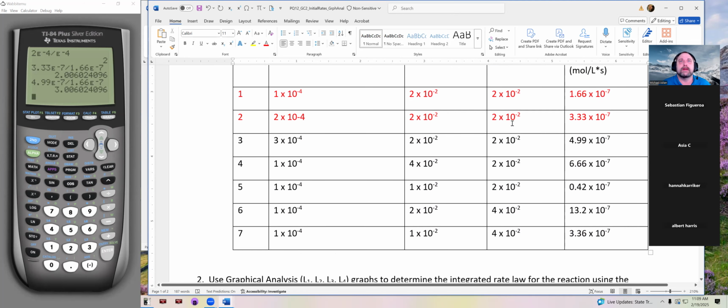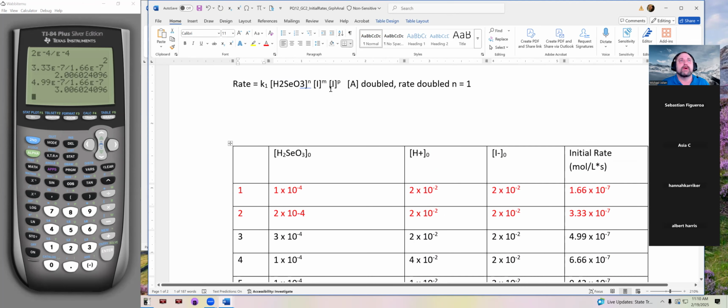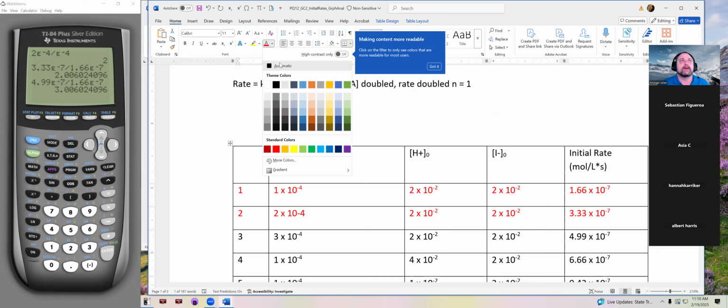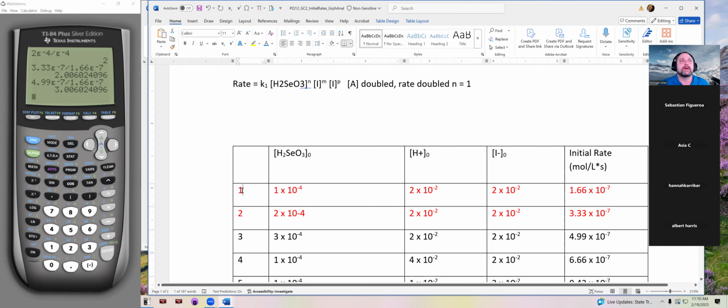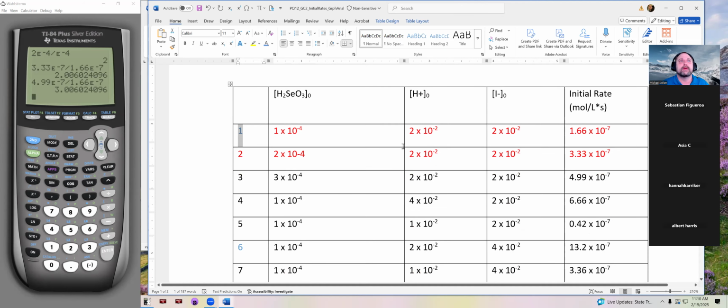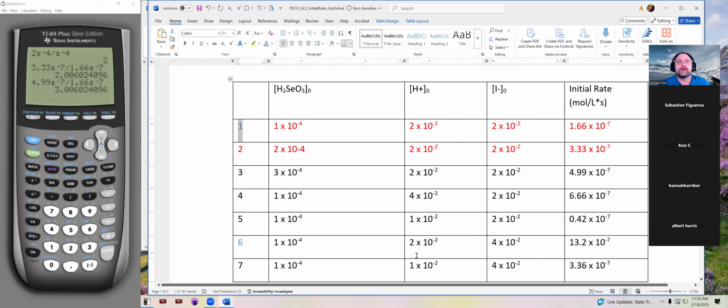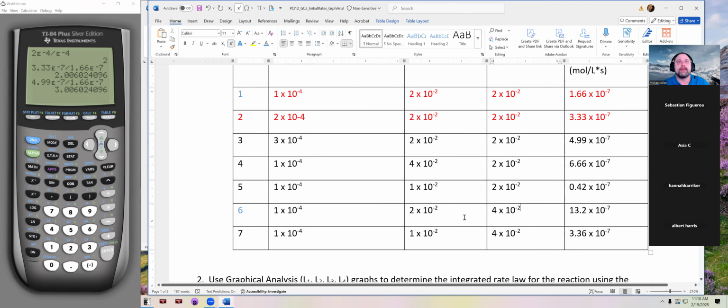And I'm looking for nothing else changing. So if I have this at 4, I need this at 2, this at 1. And so I could certainly do 6 and 1. Let's make that blue, and we can do 1 now in blue. And we'll notice that this got twice the concentration, but the H plus stayed the same and the selenium stayed the same.